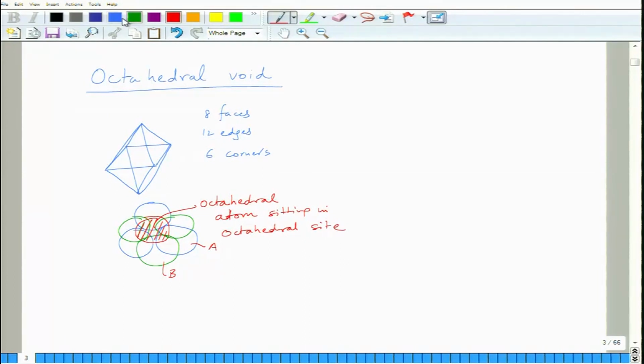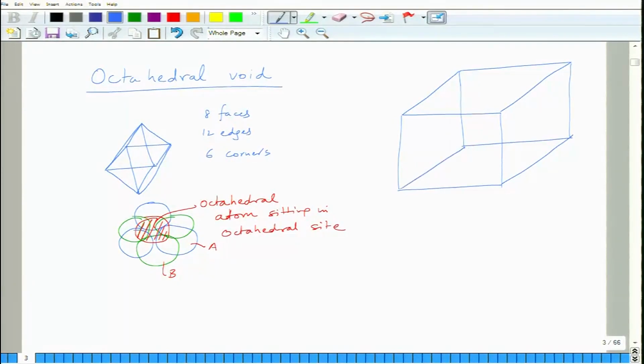So let me show you first the FCC structure. It is easy to visualize in case of FCC structure, it is difficult to visualize in case of HCP structure.